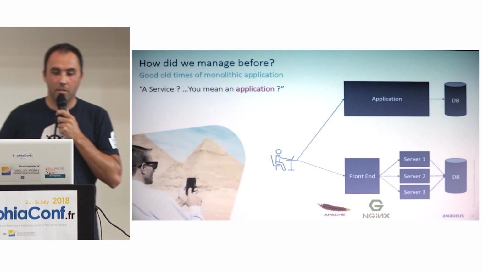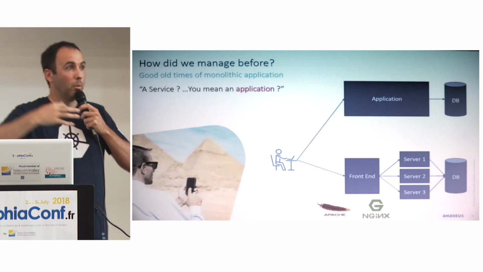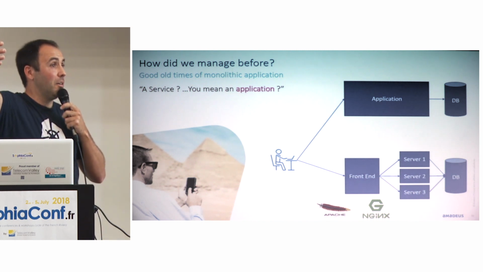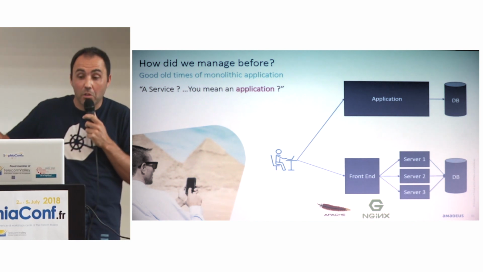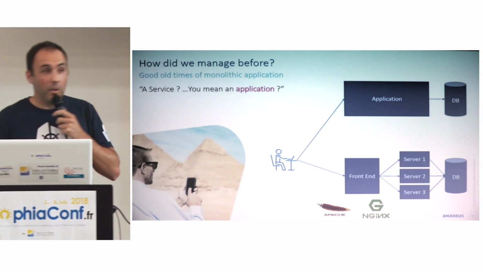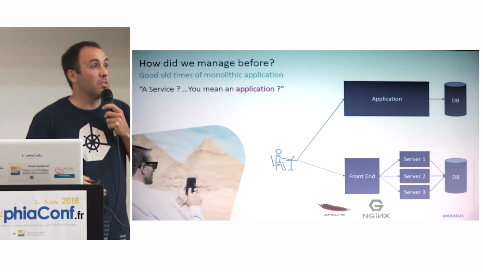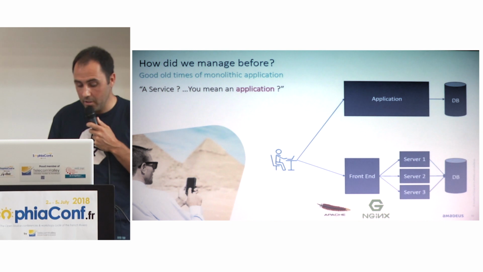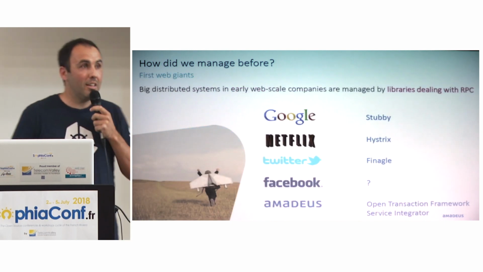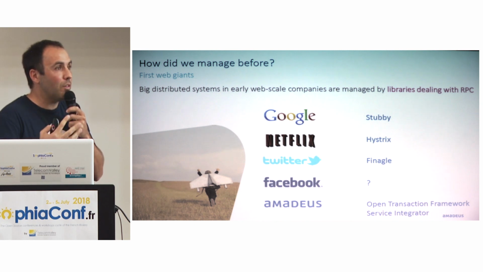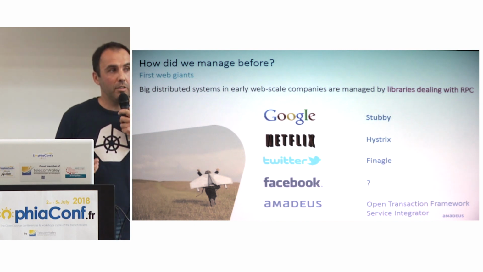So, in the past, a very long time ago, it's a bit of history now, we had monolithic applications, so we didn't have any interest in a service mesh, which did not exist, by the way. The only thing that we would have cared about is load balancing, maybe between our servers. Then came the big web giants, and they started to have problems, the ones that are solved by the service mesh.